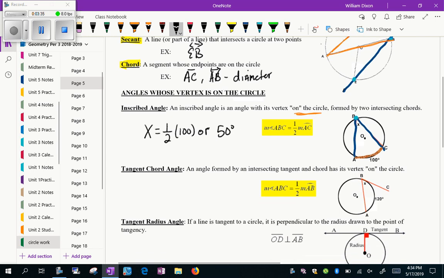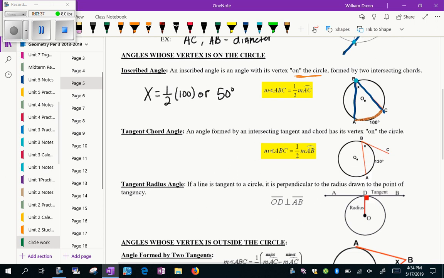Okay, let's take a look at a tangent chord angle. All right, that's an angle formed by an intersecting tangent, which is BC, and a chord whose vertex is on the circle. Okay, and that's going to be AB.